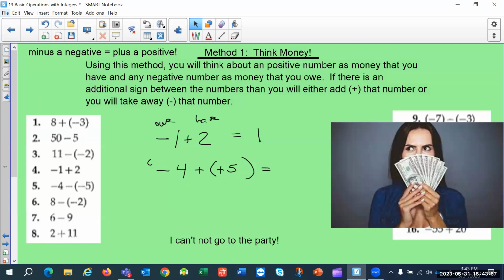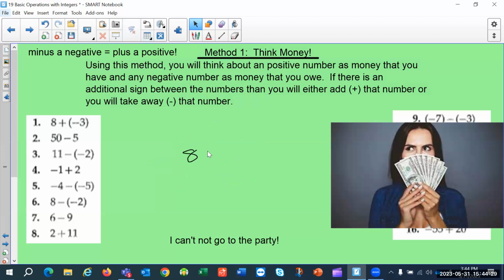So now we owe $4 and we have $5. We pay off the 4 we owe. That's good. We have a little bit more than we owe. What do you have left? That's right. You're going to have $1 left. -4 plus 5 is going to be positive 1.